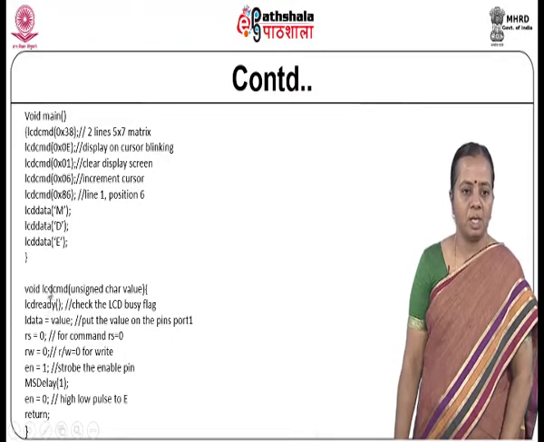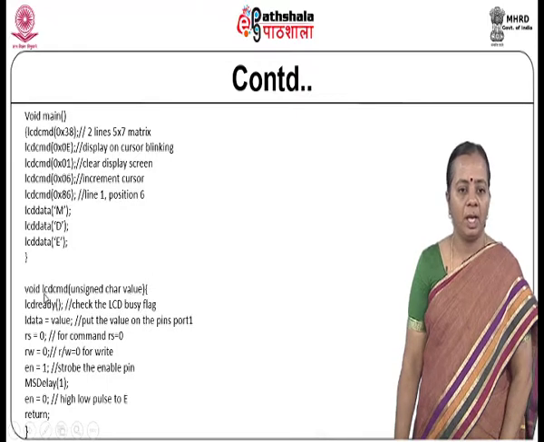Now we will see how LCD_CMD and LCD_DATA work. In LCD_CMD, I pass an unsigned character value. First I check whether the LCD is ready or not. Then the value I am sending is passed to LData, that means port 1, since the data port is connected to P1.